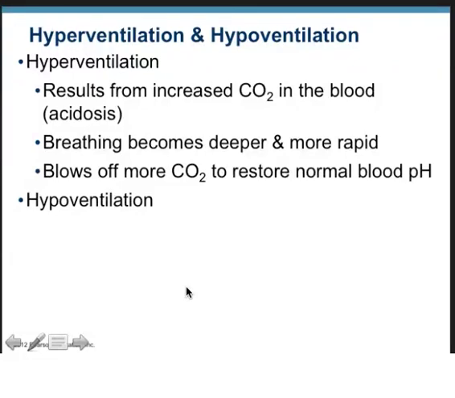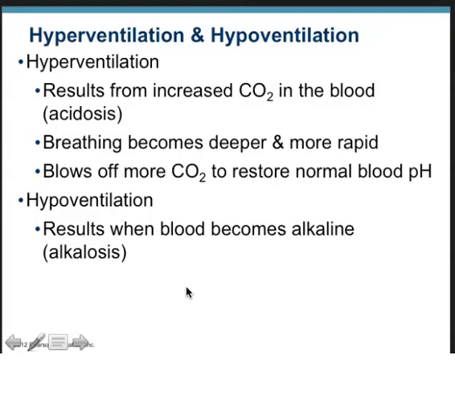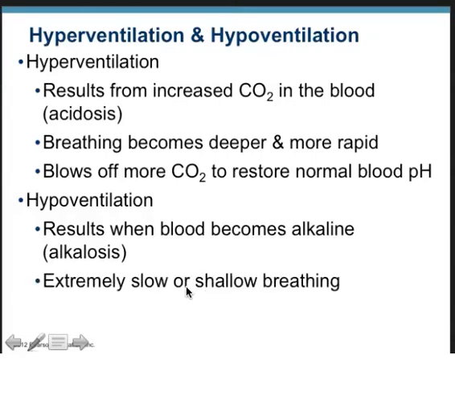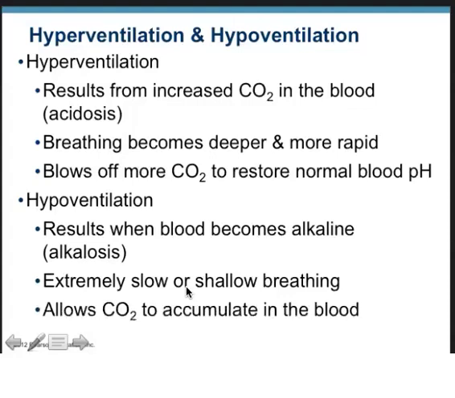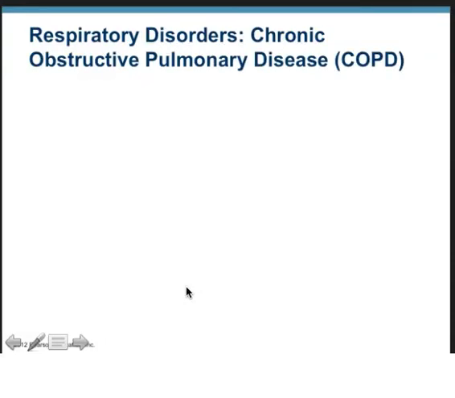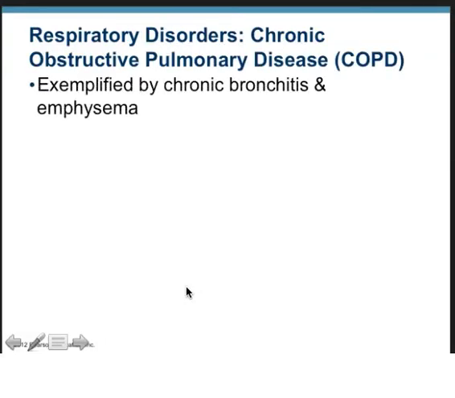So this is one of the ways that we can directly control the body's pH. In hypoventilation, the blood becomes alkaline. This causes the rate and the depth of breathing to slow down, causing carbon dioxide to build up in the tissues, and this causes the pH to begin to drop, which is exactly what we want in this case.